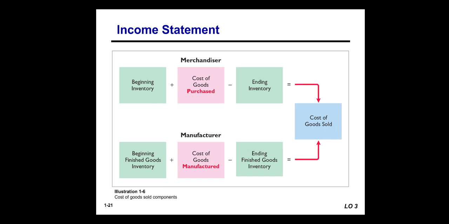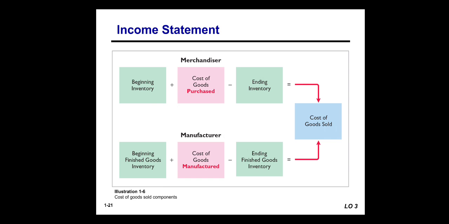But if you have a manufacturing business, you purchase raw material, and then you process the material, and then you sell the finished product. So it is a complex business compared to the merchandising business. So when you prepare the income statement, it is more complex.